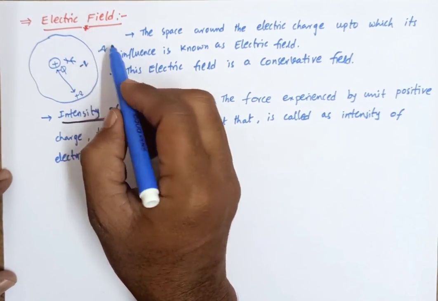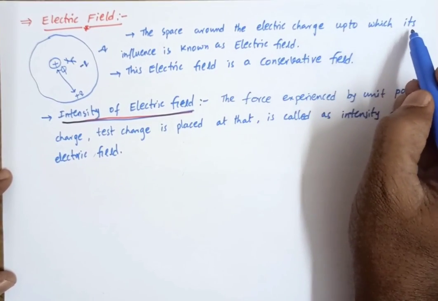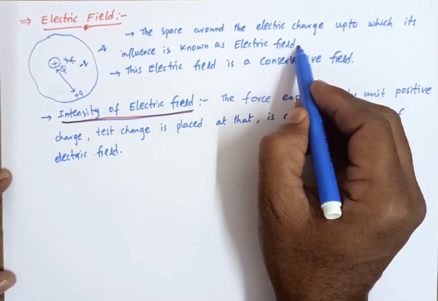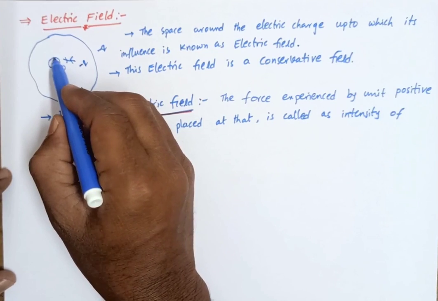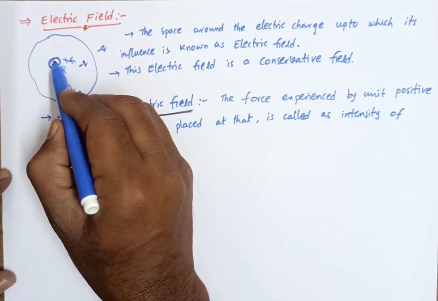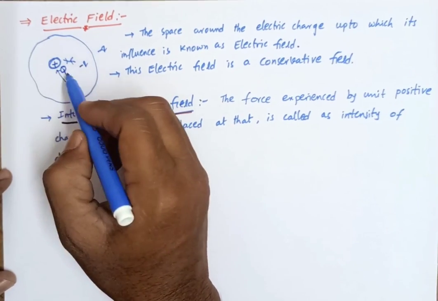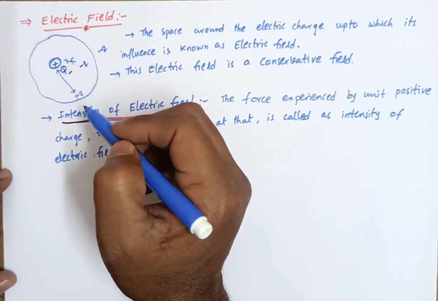Electric field is nothing but the space around an electric charge up to which its influence is felt. For example, consider a positive charge. This positive charge produces an electric field. It is called the source charge.